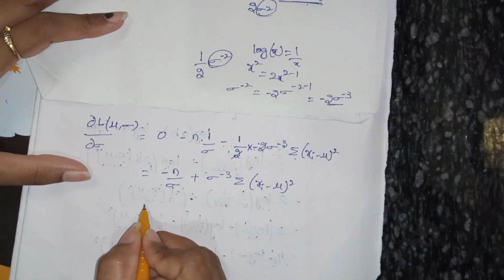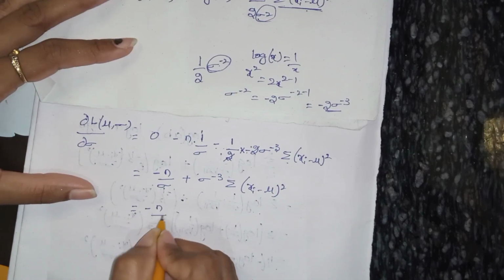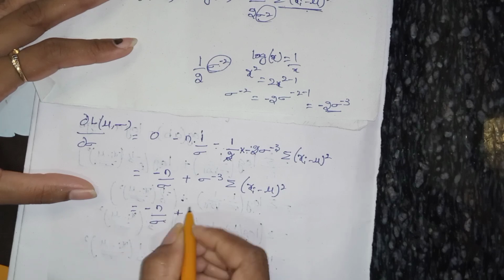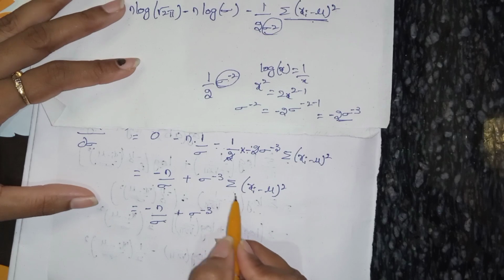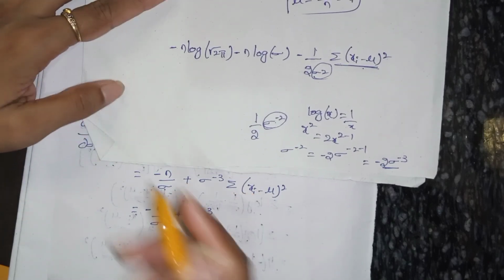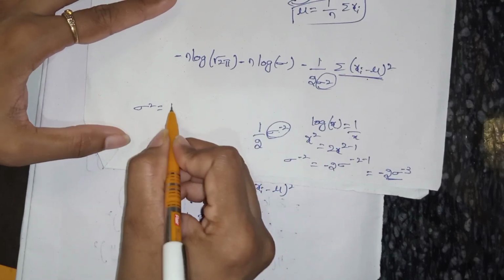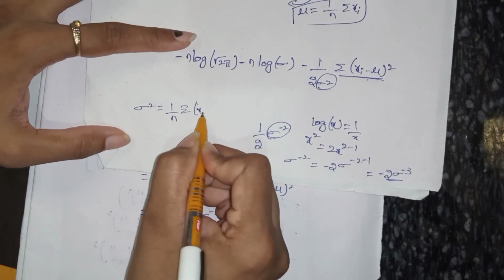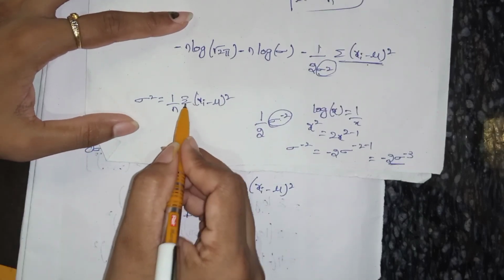So that equals minus n by sigma plus sigma to the power of minus 3. If you see here, sigma square equals, what is the formula? 1 by n summation xi minus mu whole square. So now we want only this term.